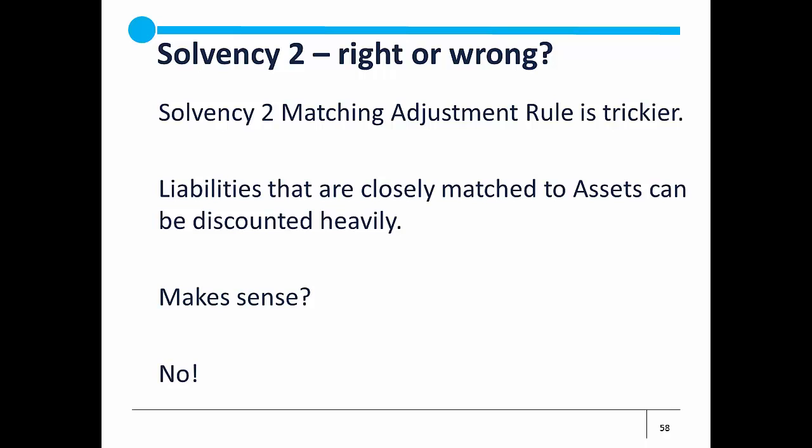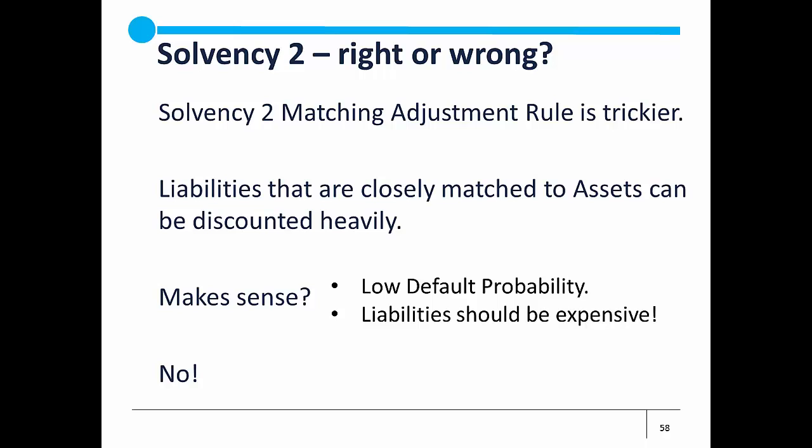Yeah, obviously, it doesn't make any sense whatsoever, right? Because if our liabilities are closely matched to assets, then they have very, very low probability of never being paid, right? All we're doing is we're passing asset cash flow through to the liabilities. Now, if they have low default probability, then they should be expensive, not cheap, right?